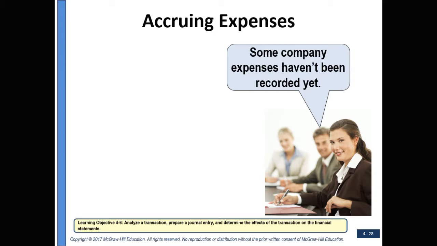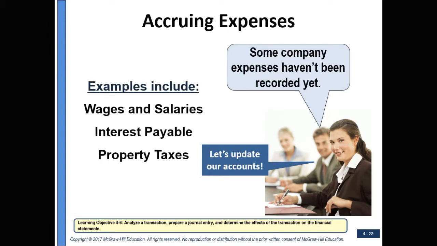Some examples of expenses to be accrued at the end of an accounting period are those like wages and salaries, interest payable, and property taxes. These are areas where we may have incurred an expense, but it has yet to be posted or paid.